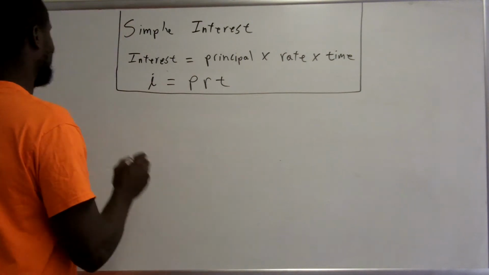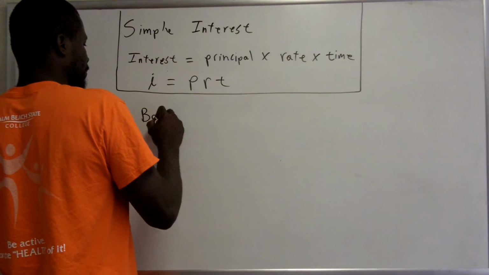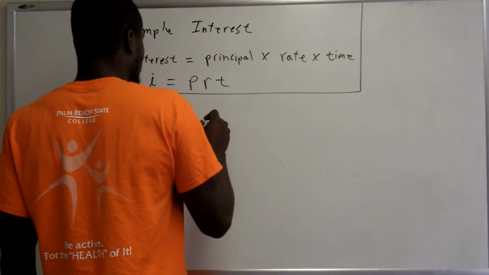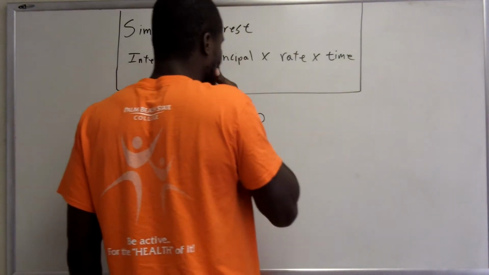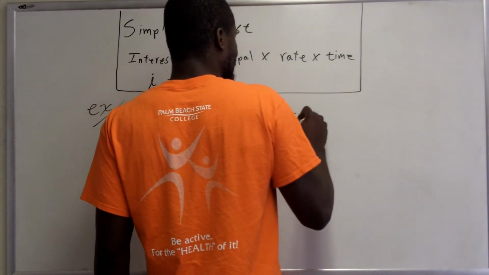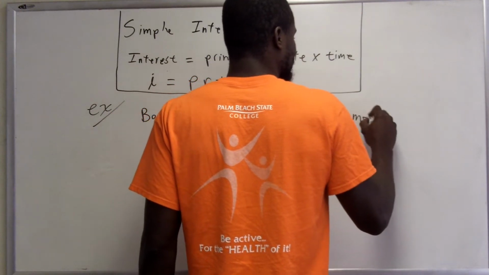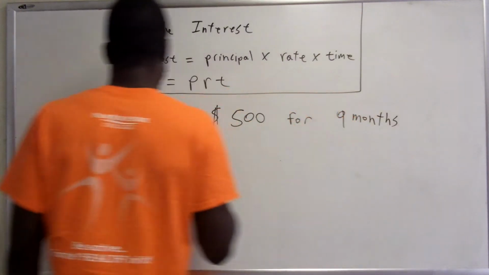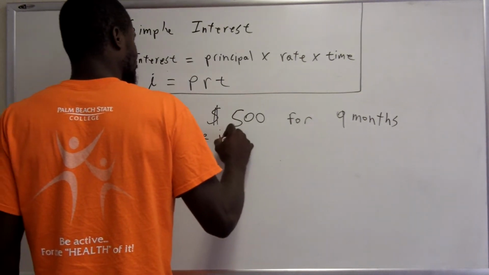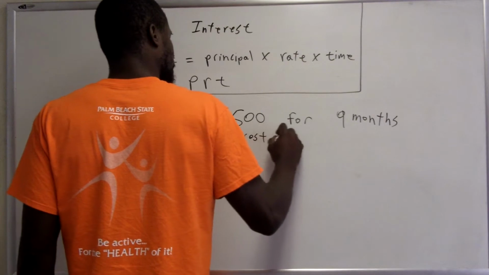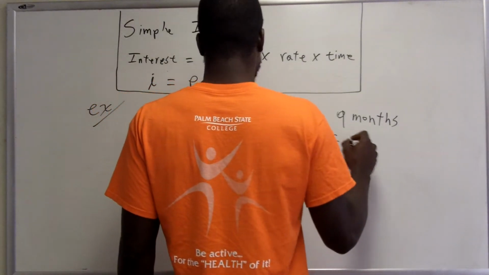So for example, if you borrow, let's say $500 for, let's say 9 months at a simple interest rate of, let's say 6%.